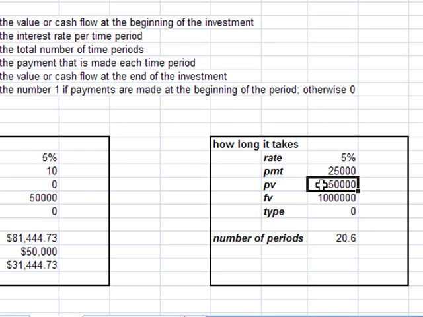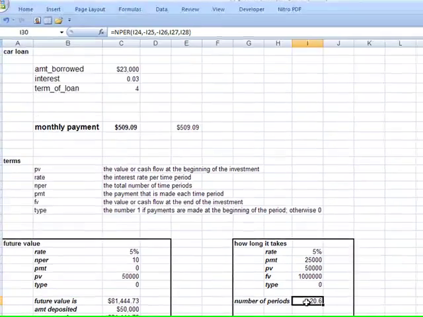So in this particular case, I have $50,000, and I'm going to deposit each year $25,000 at a rate of 5%, and my future value of $1 million will take, in this particular case, over 20 years.